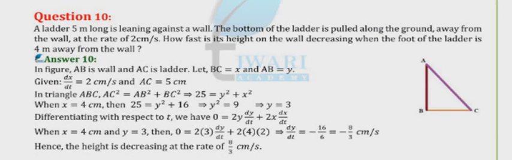Next question number 10. A ladder 5 meter long, this is the ladder, is leaning against the wall. This is the wall and this is the base.